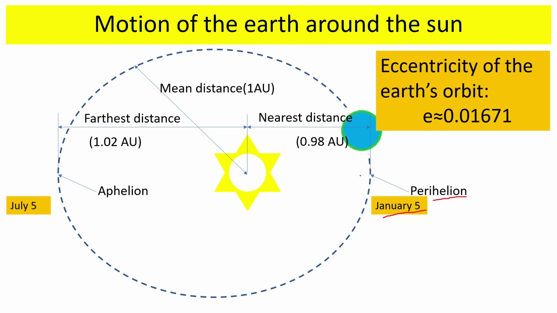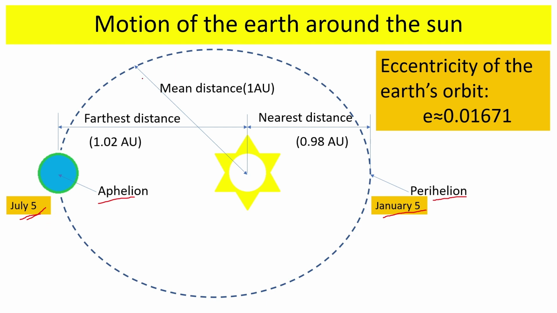And as the earth moves, it reaches the other extreme when the sun and the earth distance is maximum, and we call it aphelion. This point on the orbit which is at the farthest distance from the sun is called aphelion, and this occurs on July 5, right?